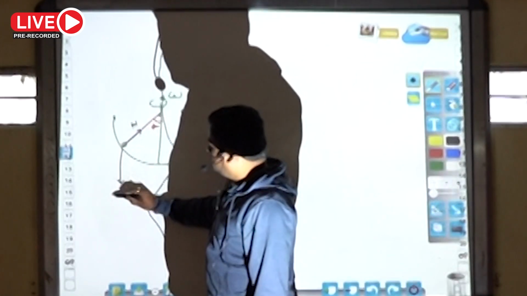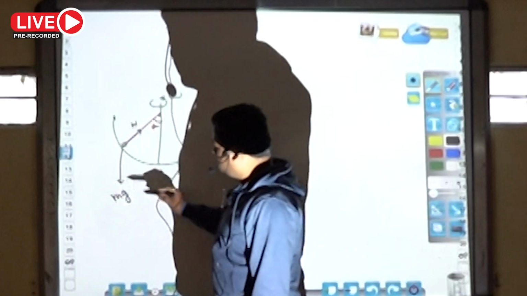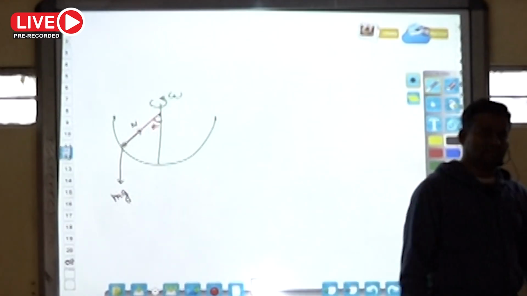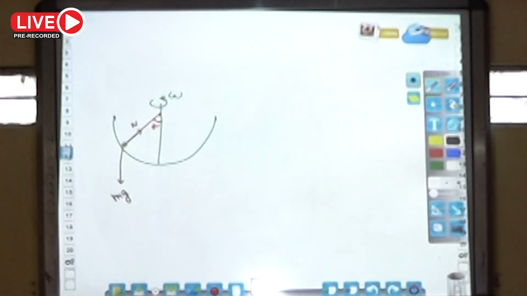Now if we consider the reference frame of the ball itself, then it is non-inertial, because it is rotating, so it experiences centripetal acceleration.